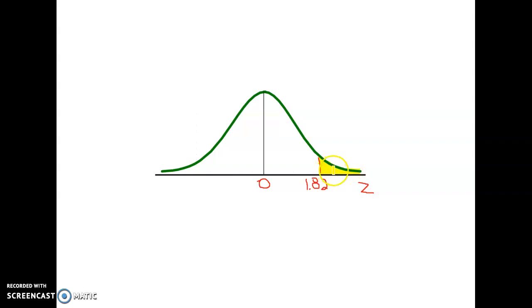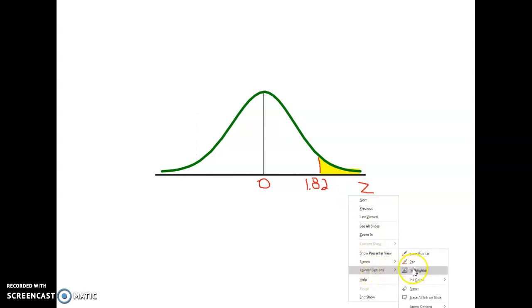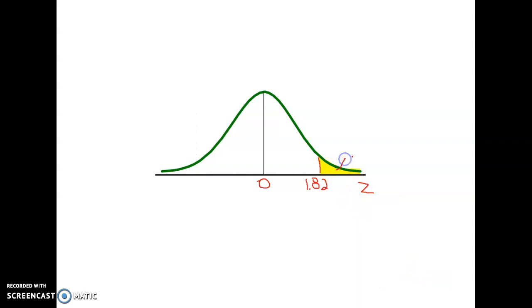And if you do that, you should get 0.0344. So this area here, 0.0344. And this area here, 0.9656.